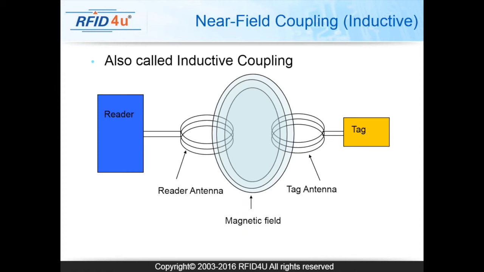So that's called inductive coupling, where the reader creates, through the antenna, a magnetic field, and then the antenna from the tag is introduced into that, and now you can read the tag. You'll also hear it called near field coupling.